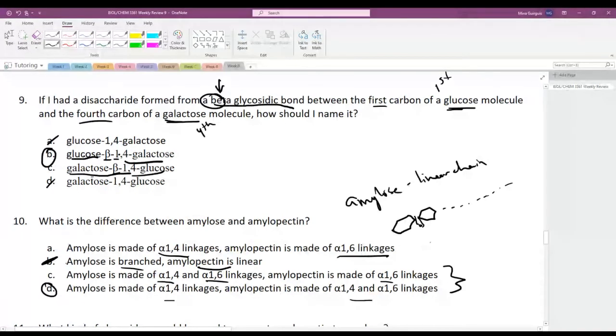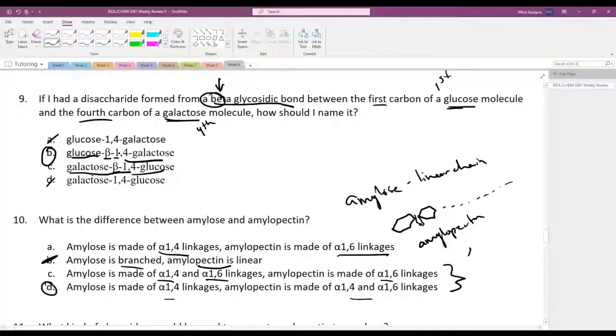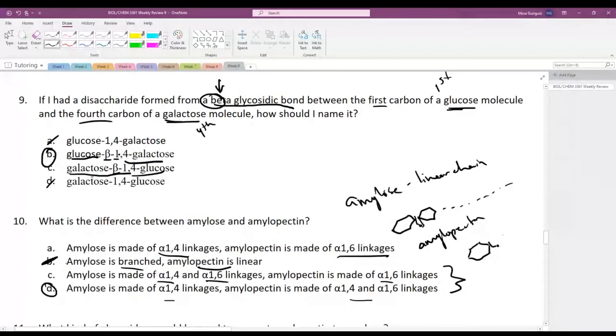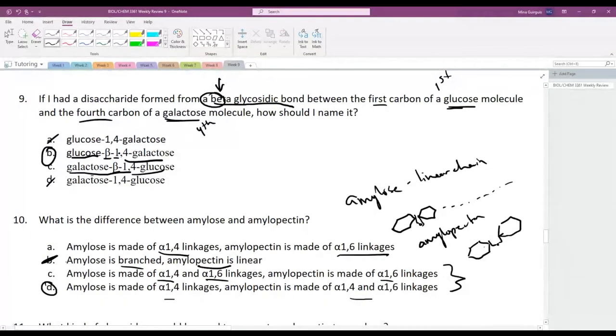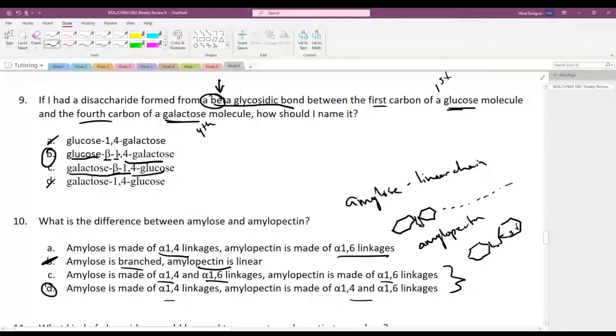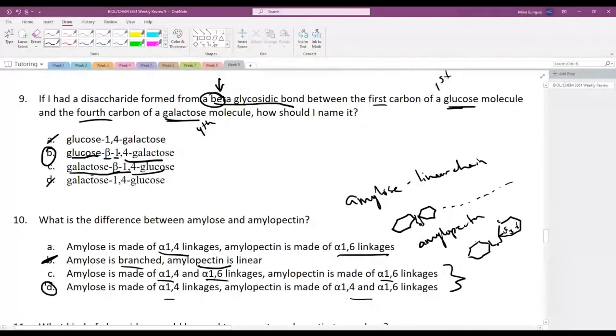Amylopectin has that too. Amylopectin also has those very same bonds, but it is also branched. So in addition to these bonds, and remembering that the numbering is 1, 2, 3, 4, 5, 6, amylopectin has alpha 1,6 attachments.